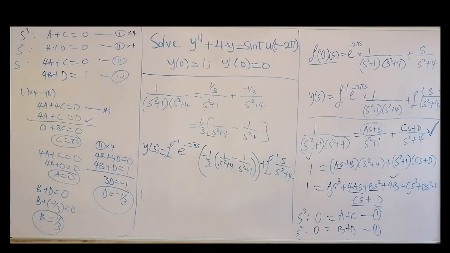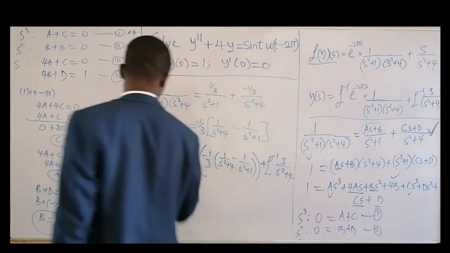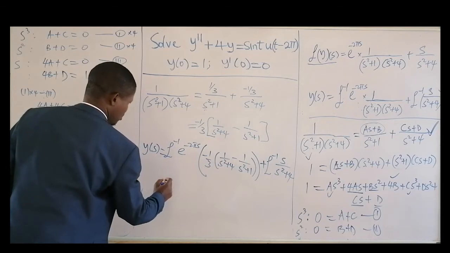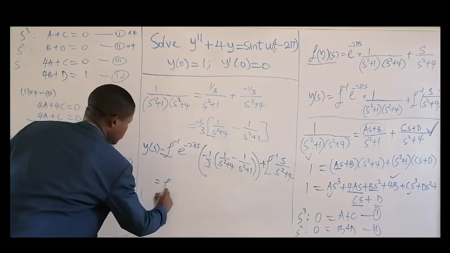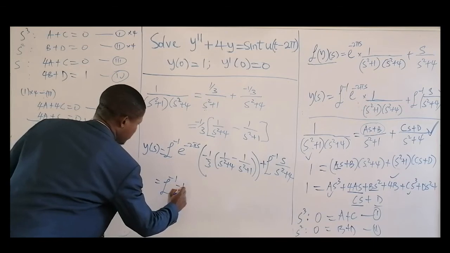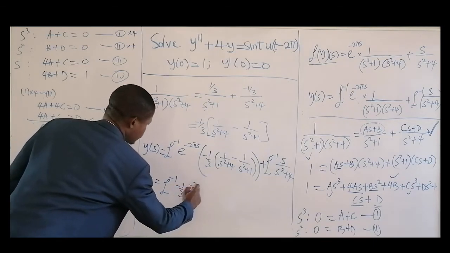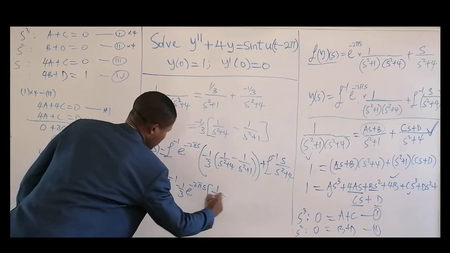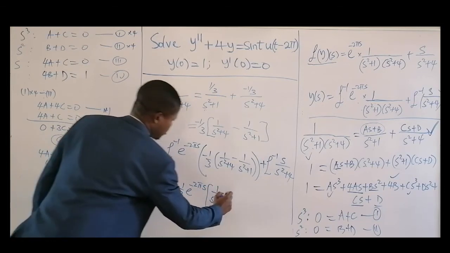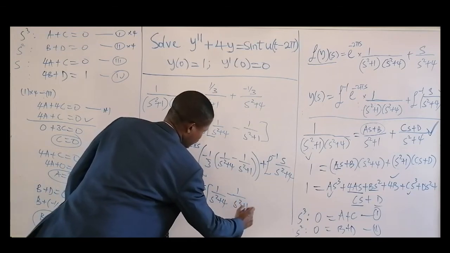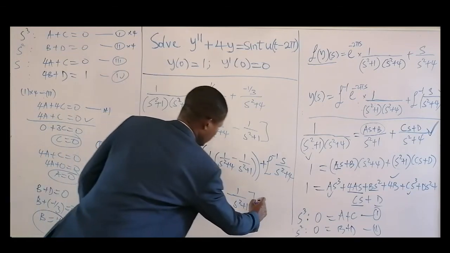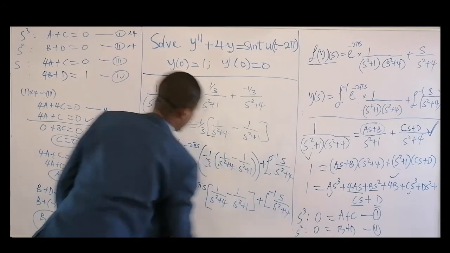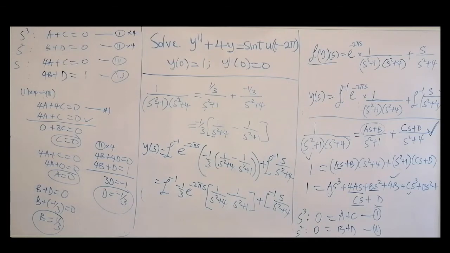We can now bring this minus 3 outside, and that will be equal to inverse of minus 1 over 3 e to the minus 2 pi s times Laplace of 1 over s squared plus 4 minus 1 over s squared plus 1, then plus inverse of x over s squared plus 4. So that's what we have now.